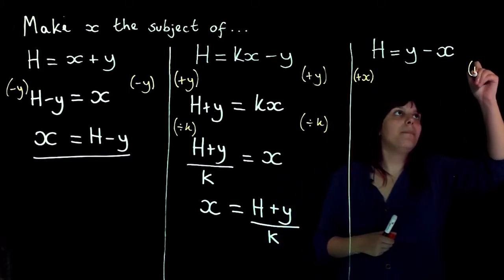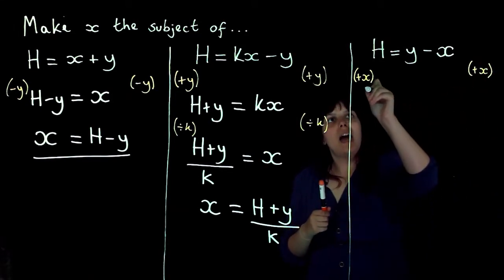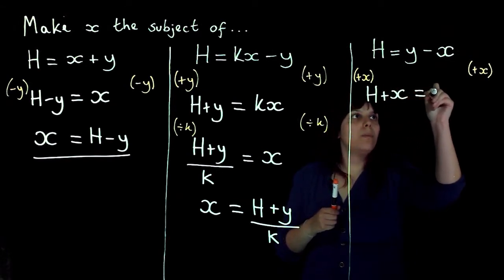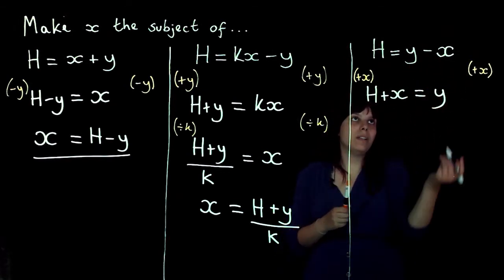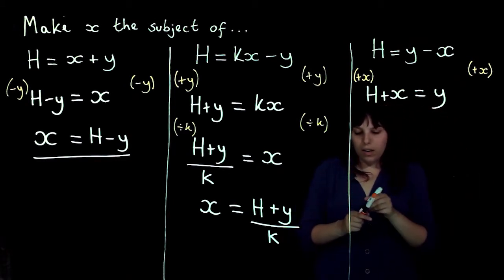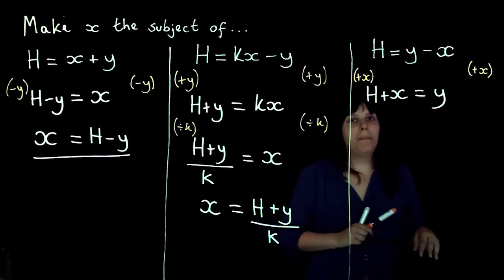By doing that to both sides, I end up with h plus x equals y, because y minus x plus x is y plus 0, so it's just y on its own. So now I have h plus x equals y.